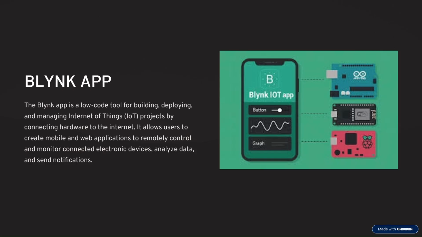It allows users to create mobile and web applications to remotely control and monitor connected electronic devices, analyze data, and send notifications as well. So, using the BLYNK app, we can manage the project and we can display our project on a mobile phone also.